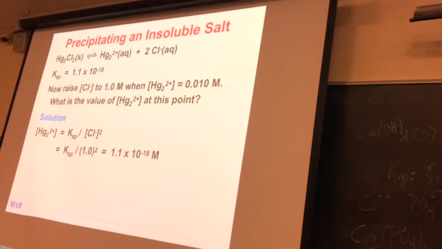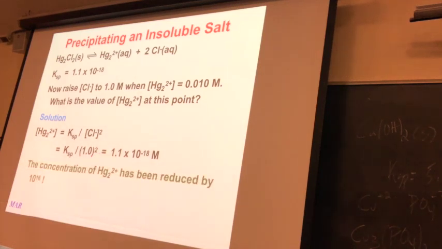So we're going to go back to the idea that KSP here equals mercury times chloride squared. And in this new context now, chloride is 1.0 moles per liter. So we're trying to figure out the new amount of mercury. And so what you can see here, we're going to solve for the new mercury. KSP, our chloride squared, 1 squared.